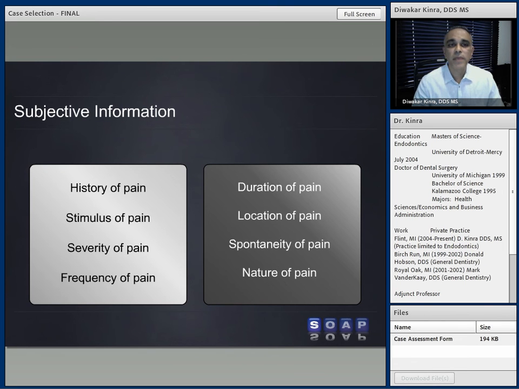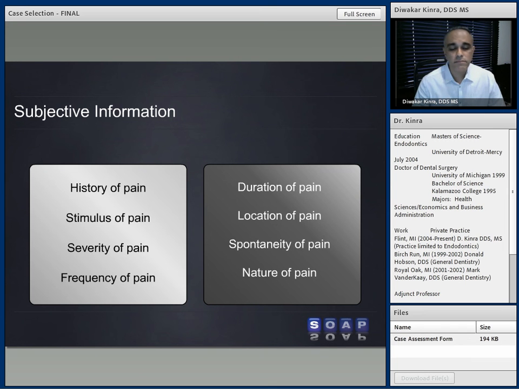Okay, but if the pain is less than 30 seconds, well, that could be something else. That might still be in the reversible stage. We might be able to do a restoration or cover some exposed dentin or deal with some root caries that might be causing this type of pain. So not every case is going to be a root canal. Again, when we're looking to eliminate the cause, root canal therapy is just one of our choices.